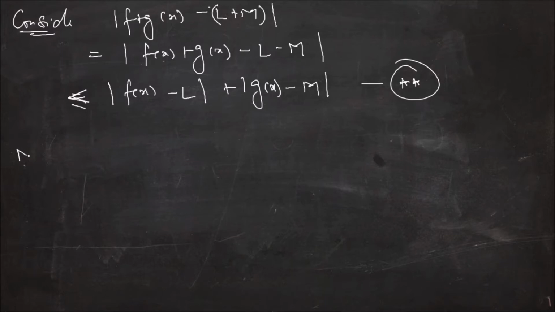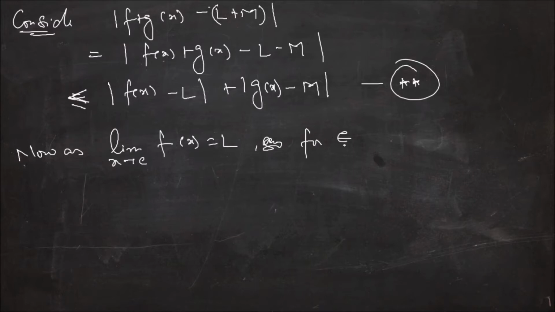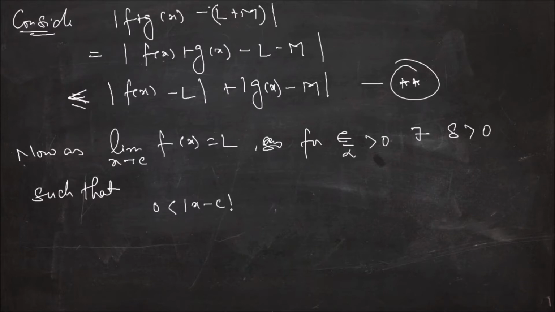Now as limit x tends to c of f(x) is equal to L, for epsilon by 2 greater than 0 there exists delta greater than 0 such that 0 less than mod x minus c less than delta implies mod f(x) minus L is less than epsilon by 2.